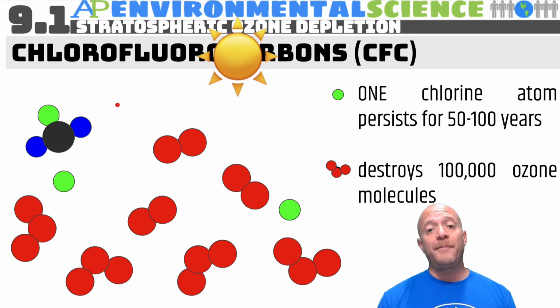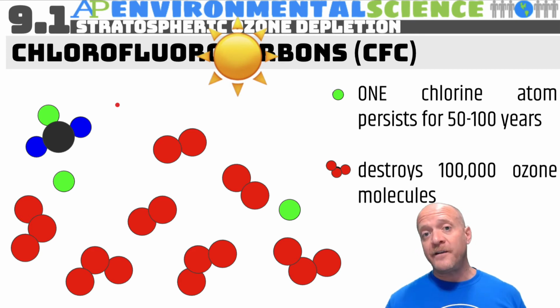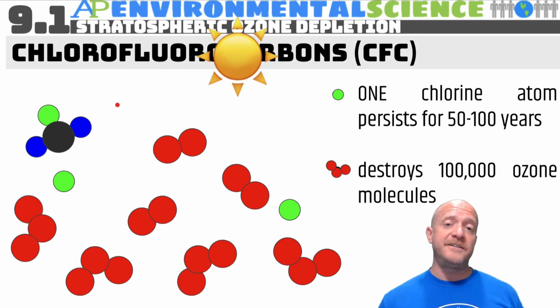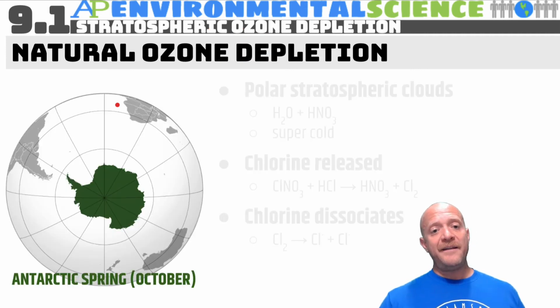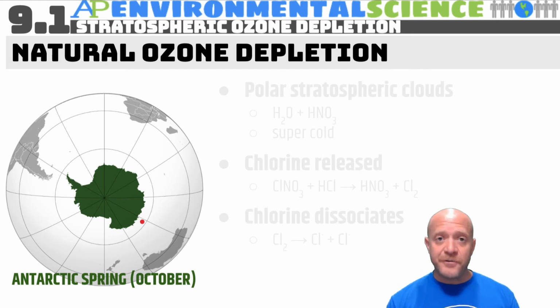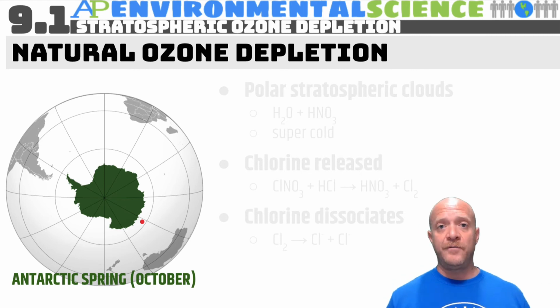So when you think about how many CFCs were released into the atmosphere through the actions of leaking refrigerants or these air conditioners, eventually there was a hole in the ozone layer. And the hole in the ozone layer formed over the South Pole, over Antarctica, and there is natural depletion of ozone.